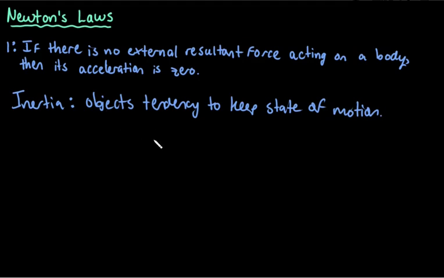Similarly, if something is moving at a constant velocity and there's no external force acting on it, then that object is going to continue moving at constant velocity. So let's take a look at an example of inertia.